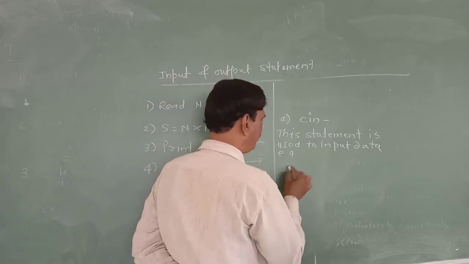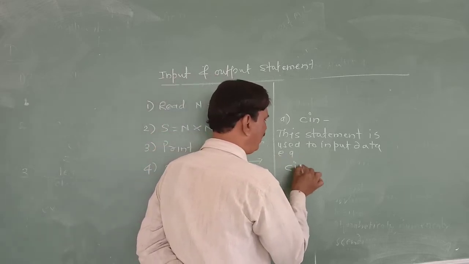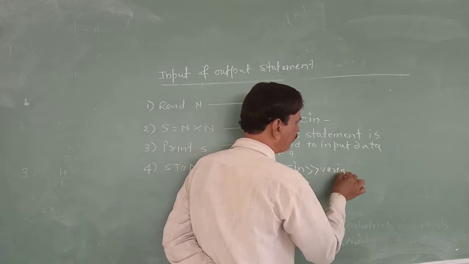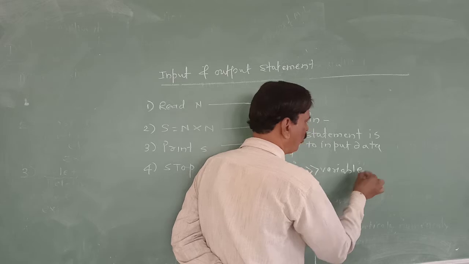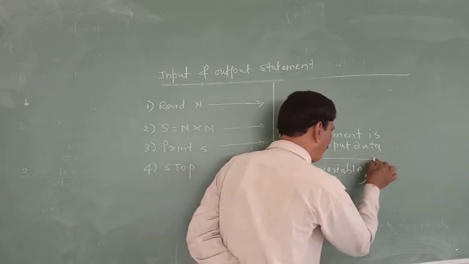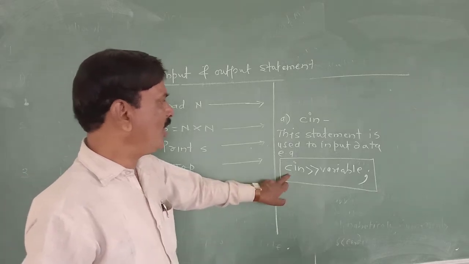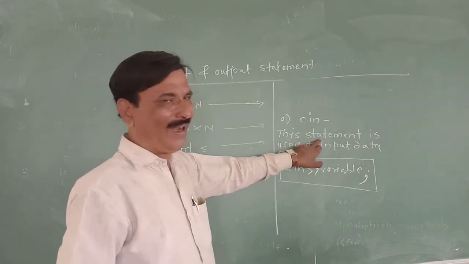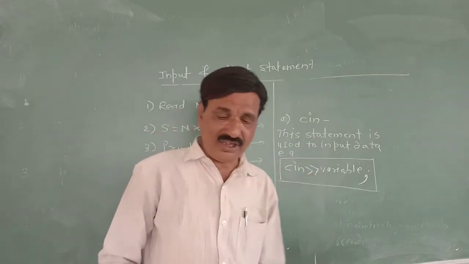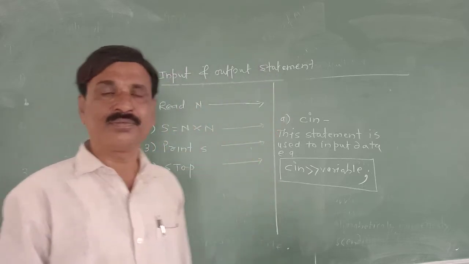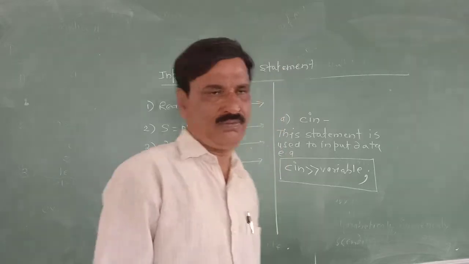Example: Cin greater than variable, semicolon. So this is the general form. Cin is the input statement. The greater than sign is called extraction.